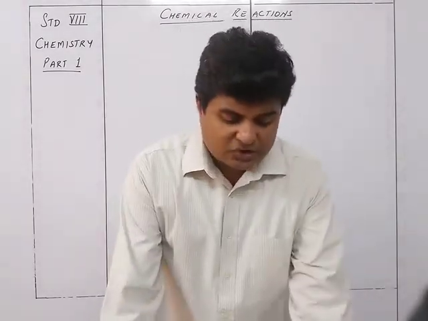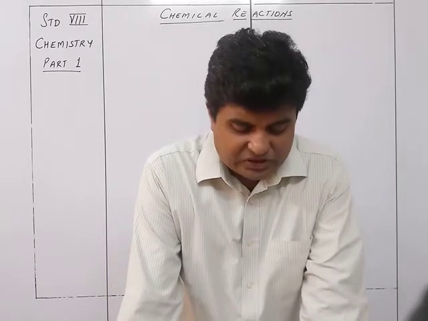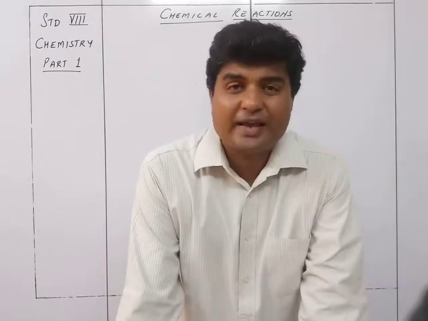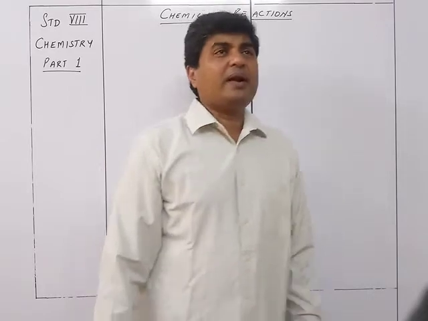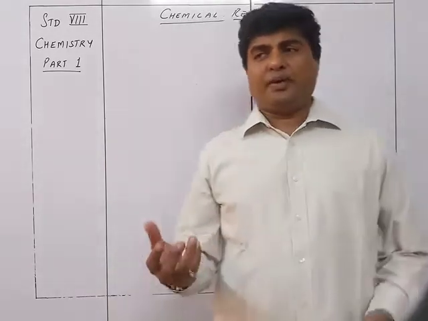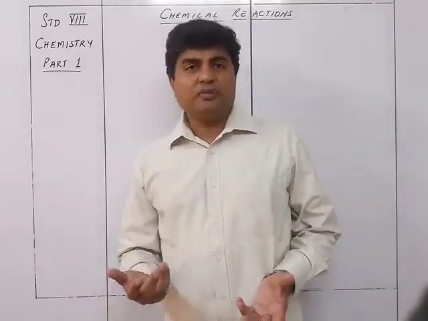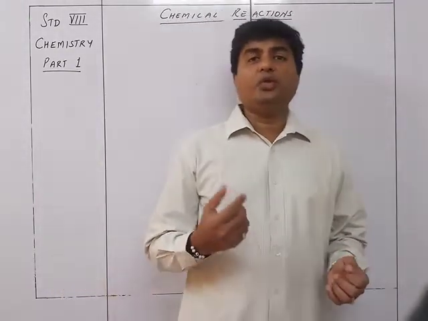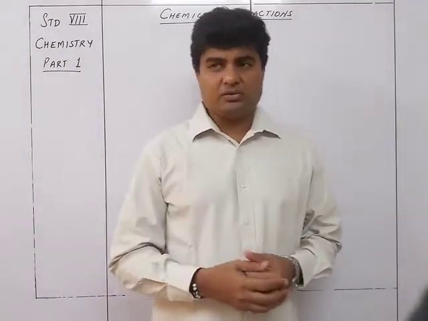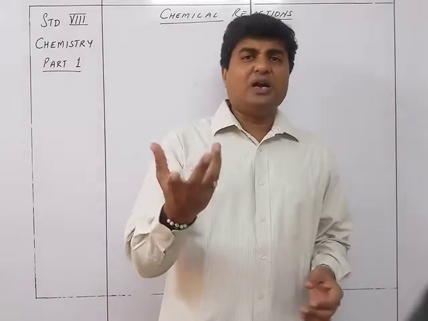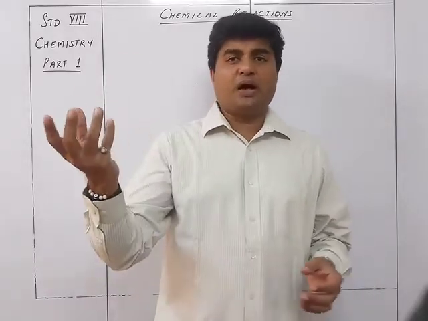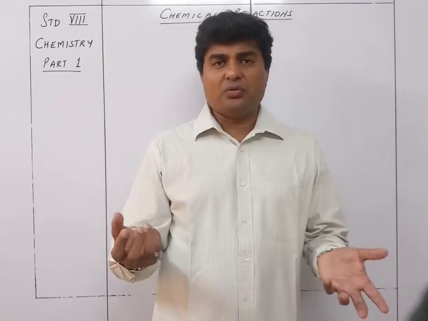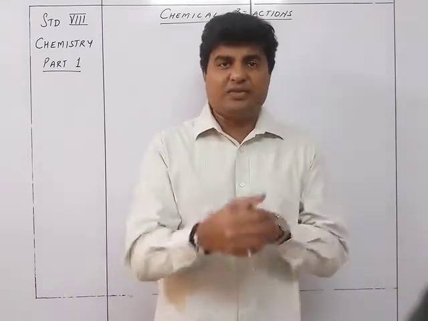A chemical reaction is often accompanied by external indications or characteristics. Whenever a chemical reaction takes place, many times some indication will be noted, like change in color, gas bubbles given out, heat given out, or fluorescence, that is, light given out.